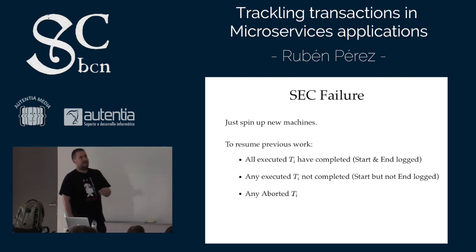And you can have an aborted saga. If you have an aborted saga, it's the same as in the examples before. You have to see which steps completed and that you are not compensating yet, and compensate for them.